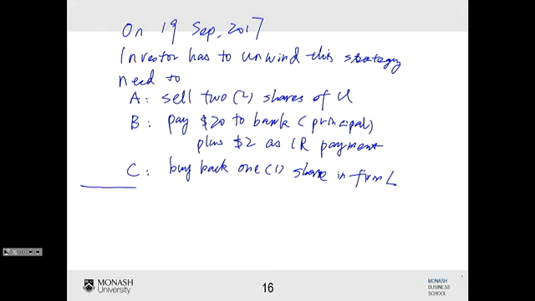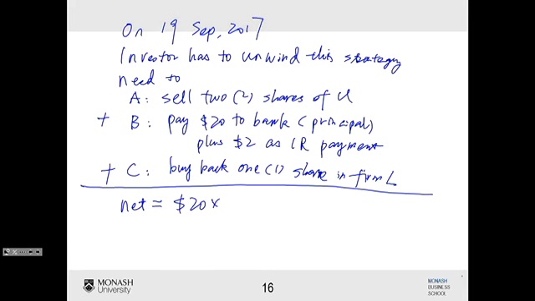So we put A, B, C together. You sell 2 shares, it's going to generate $20 times 2. You pay $20. You buy back, sorry. That's equal to 0.